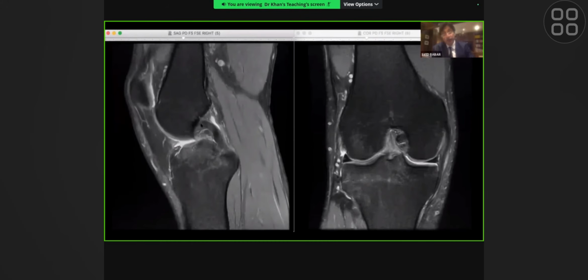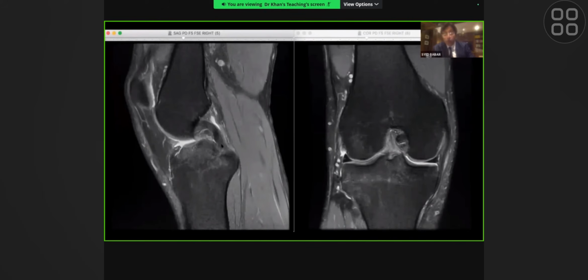So that, again, gives you a very good indication that there is an abnormal ACL. So if you look at the structure, the PCL, normally the PCL is black on all sequences. It doesn't matter whether you're looking at the PD, whether you're looking at the T2, T1, it's always black on all sequences. Why is it gray? That's not right. So which means that this ligament is also damaged.